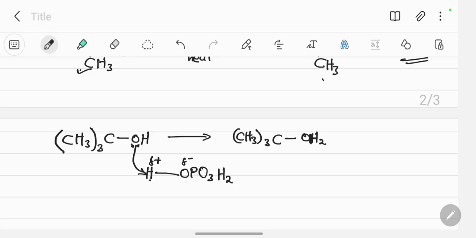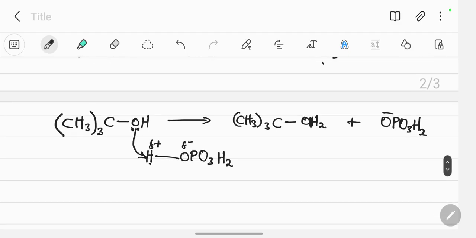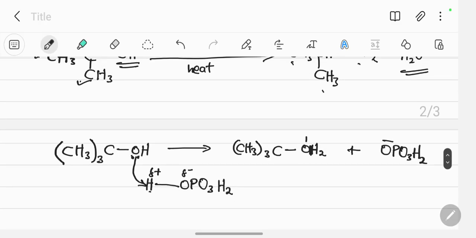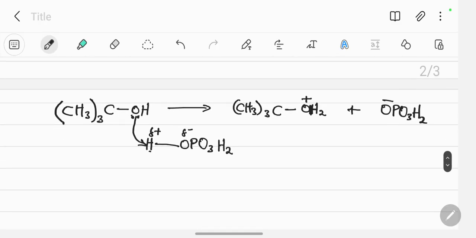Now, as we form this OH2, we've left what was phosphoric acid, which is now hydrogen phosphate or dihydrogen phosphate.